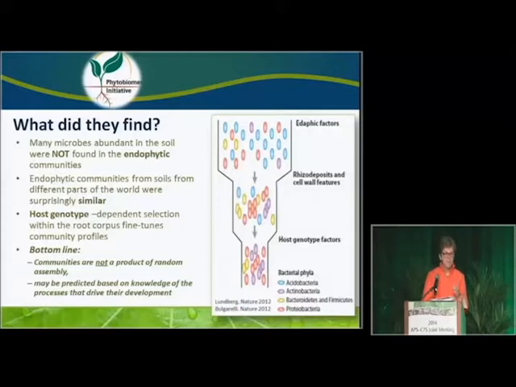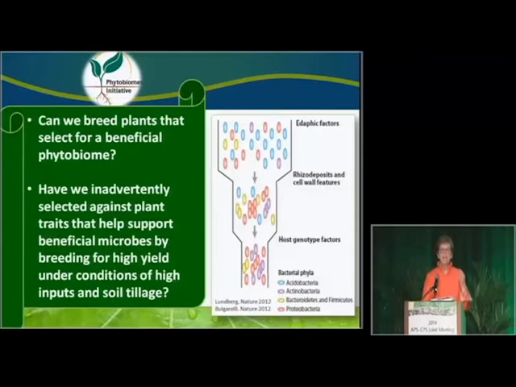So the bottom line is that these communities are not just products of random assembly, but that these communities are maybe even predicted. So we might even be able, by the way, to breed for better communities. So can we breed plants, for example, that select for a beneficial microbiome?